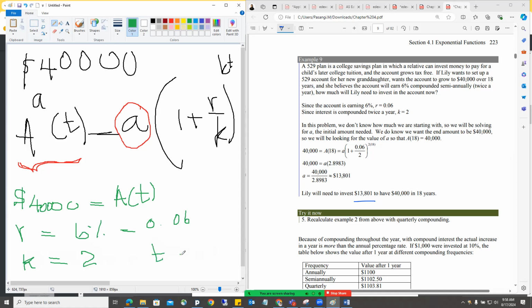T means the number of years. She wants to have $40,000 after completing 18 years, which means T is 18. Now you can substitute all these values into the compound interest formula and find the value for A. That's what we need to do.